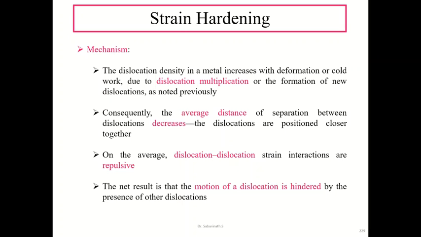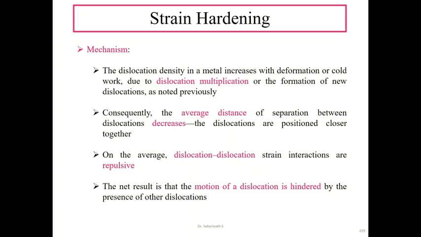From an exam point of view, you can write this as the mechanism for strain hardening, explaining it point by point. First, due to dislocation multiplication, the dislocation density increases and the average distance of separation between dislocations decreases.